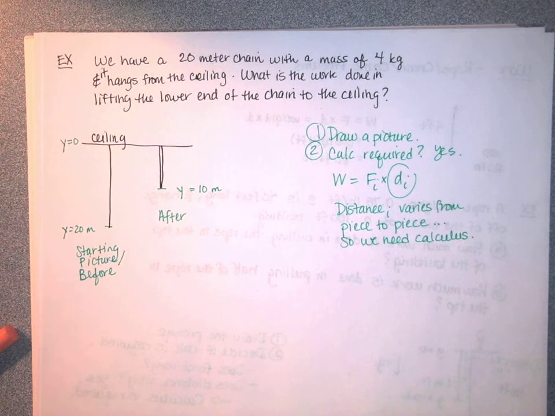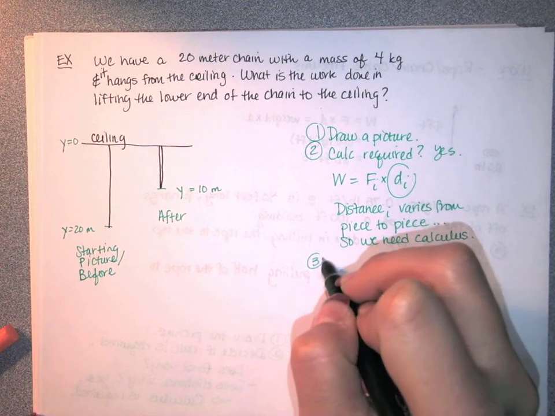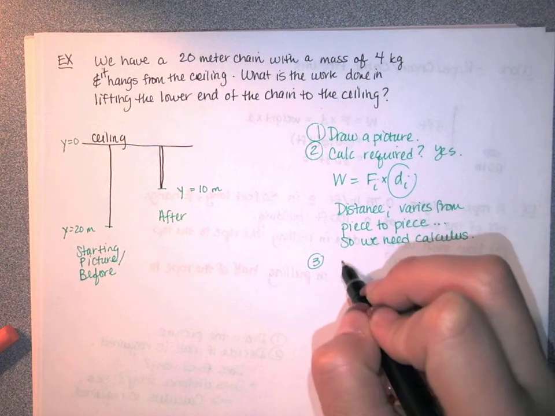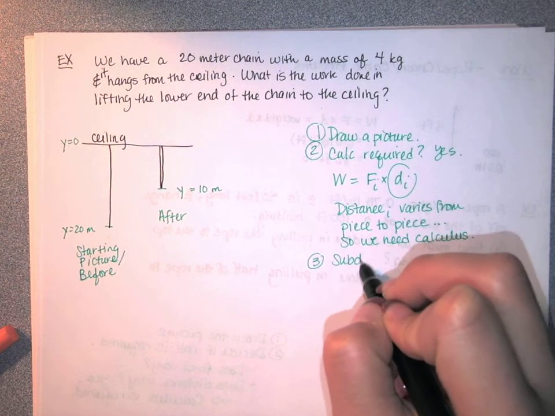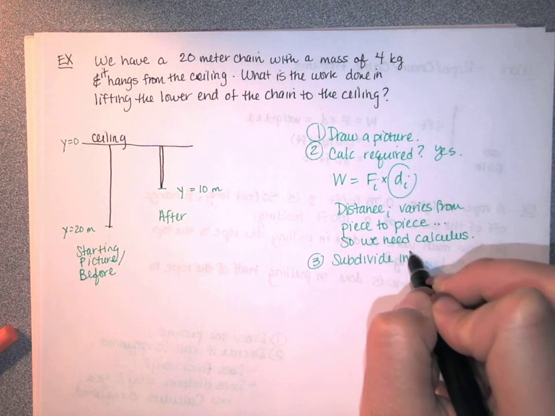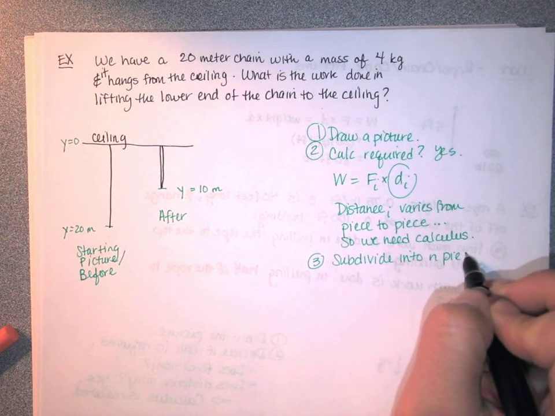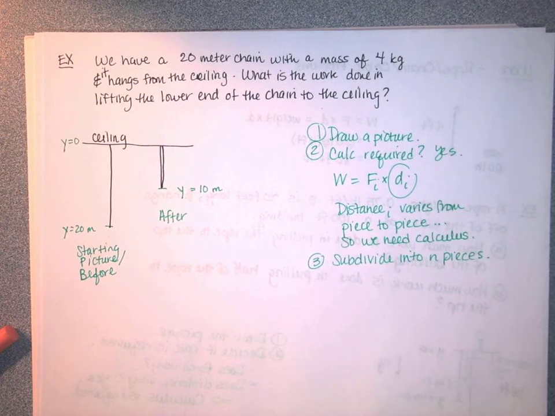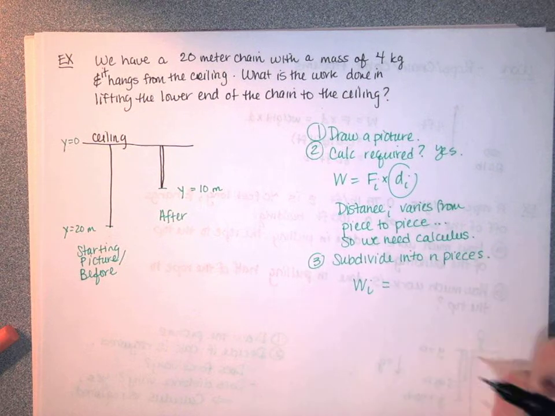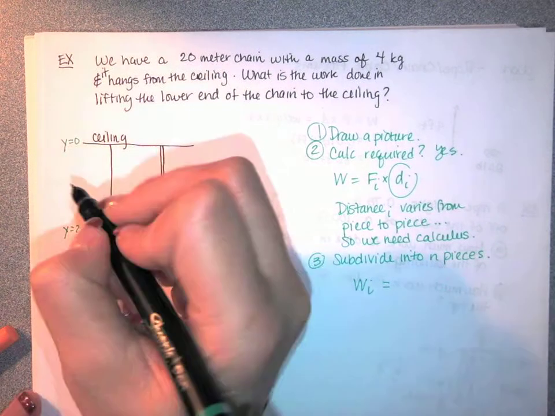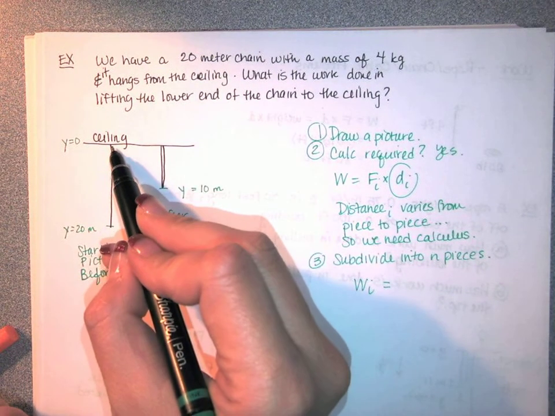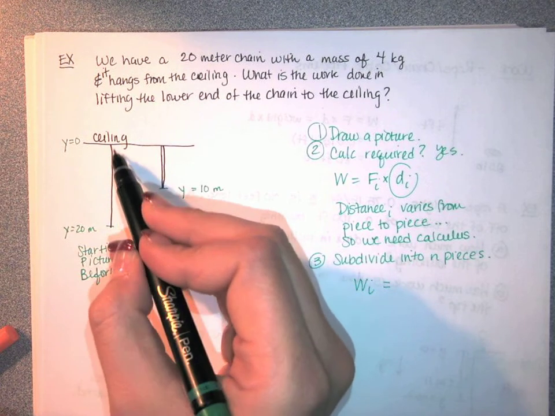What we're going to do is split the part of this that moves into n pieces. And then once we've subdivided into n pieces, we want to find the work done on each piece. Now, notice that the top half does not move at all.